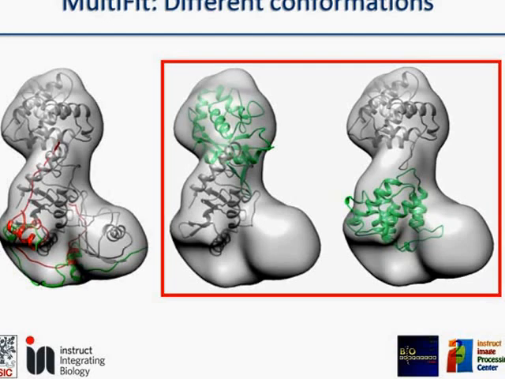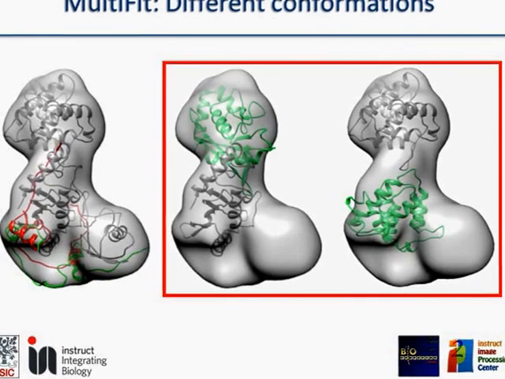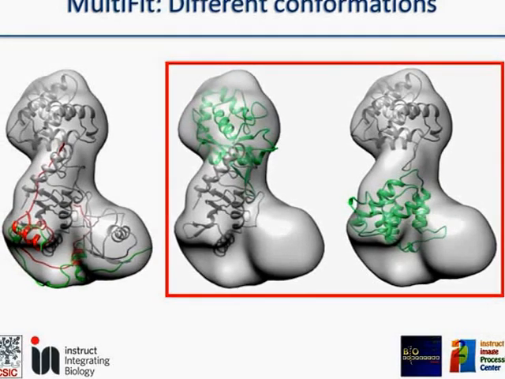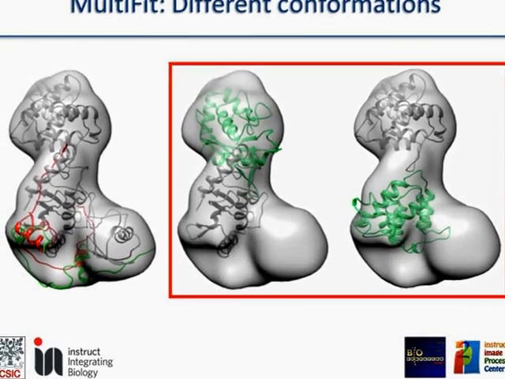It only tries to maximize a function. Here it is the same: the subunit that was supposed to be here in this solution is there. So what you have to do is always check the solution, and it's always better to choose the one you think is closer to a native structure than to use the best score given by the method.